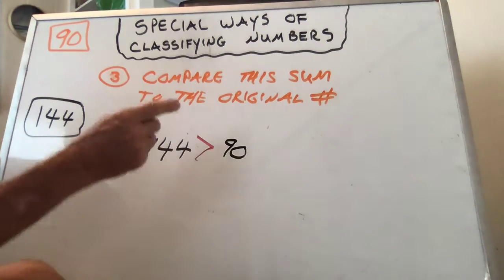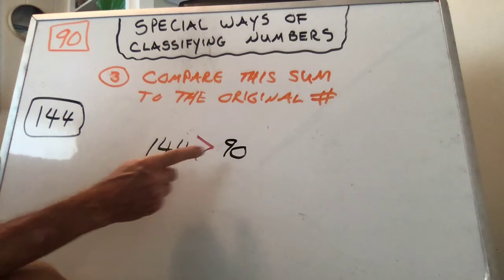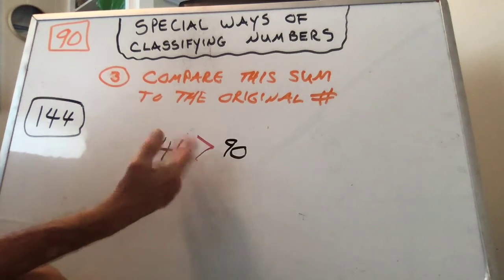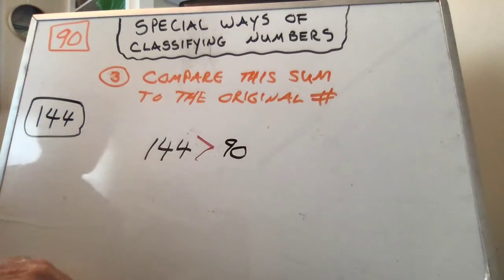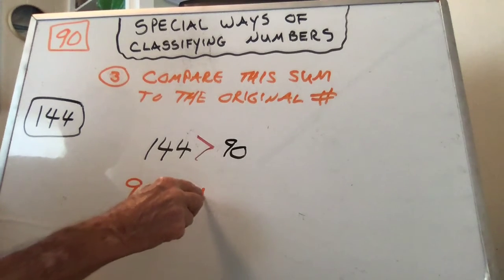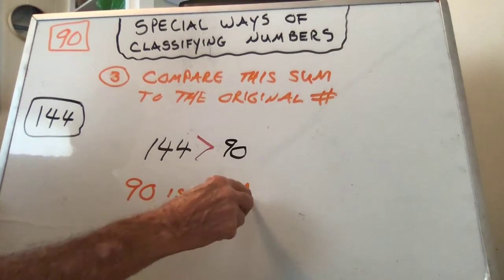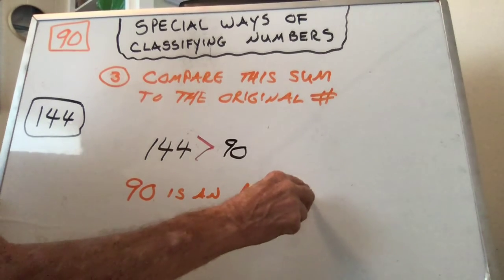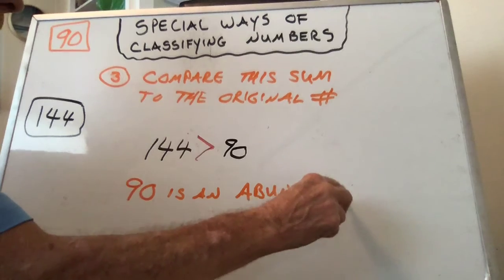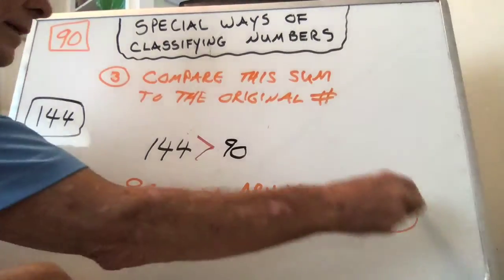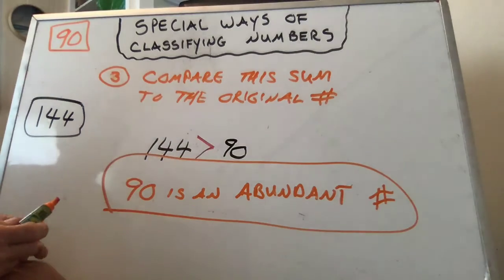Okay. So what's happening here is the factors of 90 are more than 90 needs. It's bigger than it. So we say that 90 is an abundant number. Okay, that is how you classify.